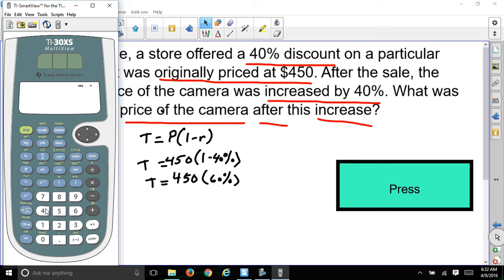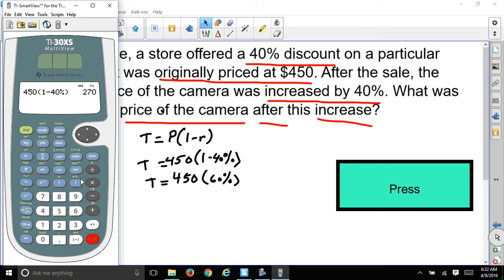So I'm going to show you both. $450, parenthesis, 1 minus 40%. So second left parenthesis and close parenthesis. So watch what we get. $270. That would be the price of the new camera.